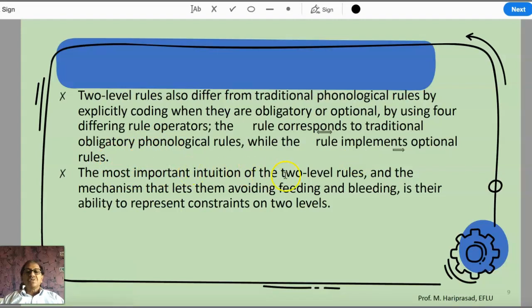The most important intuition of the two-level rules, and the mechanism that lets them avoid feeding and bleeding, is their ability to represent constraints on 2 levels. On both the lexical level and the surface level, we will have certain constraints so that we can avoid feeding and bleeding of the rules.